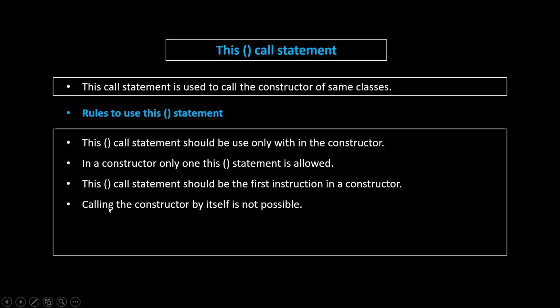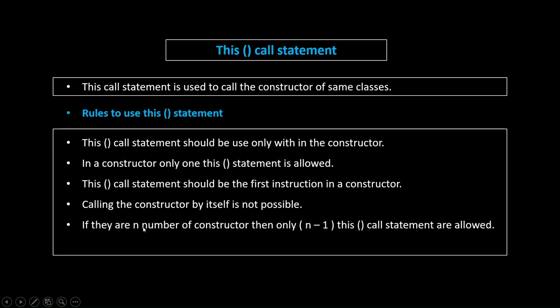The third point is that calling a constructor by itself is not possible. If there are n constructors, then only n minus 1 this call statements are allowed. It means if you have, let's suppose, 15 constructors, then 14 this calls you can write in that class instead of 15.